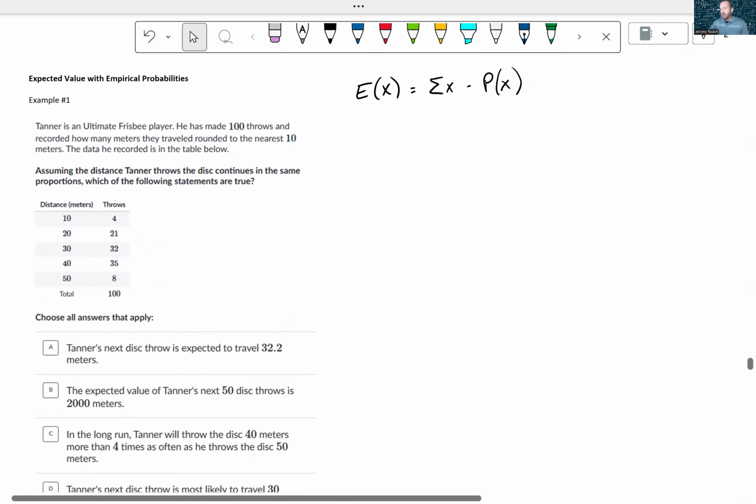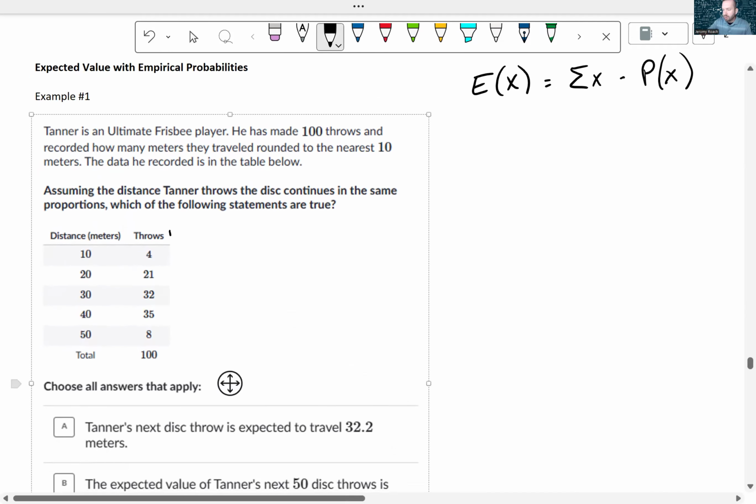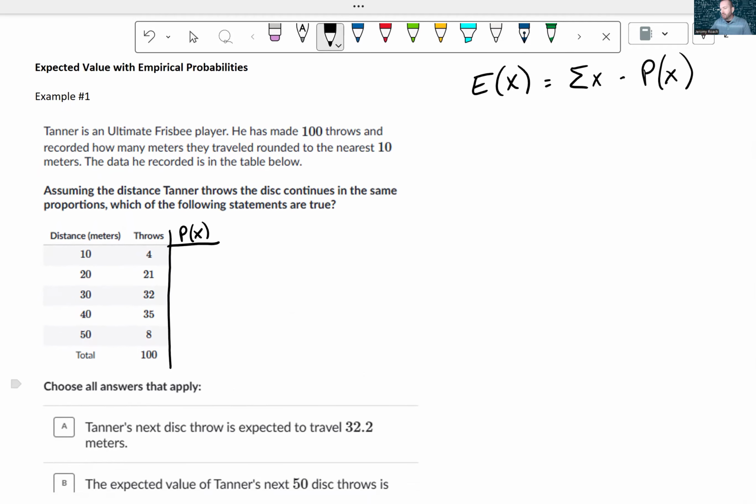So here we have what the X values are, but we aren't given the probability in our table. So I'm going to make a new section on the table. Let me zoom in a little bit so we can see this a little better. So we'll write the probability of X for all of these values. Now he's thrown 100 throws, so we're just going to write everything over 100.